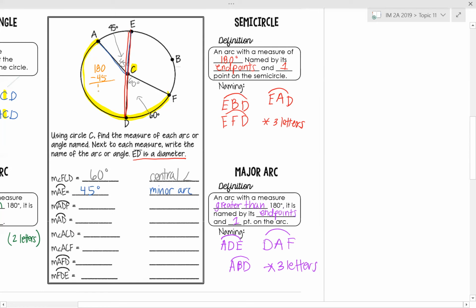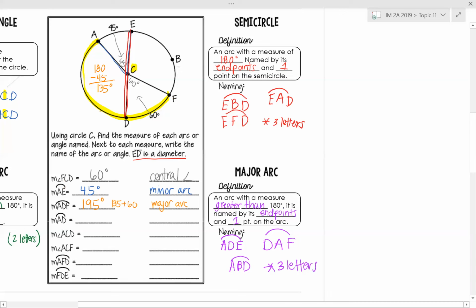And so that means that that's 135 degrees there. Okay. And so that means that my arc that I'm looking for is 135 plus 60. And so that means that that's 195 degrees, which makes it a major arc.